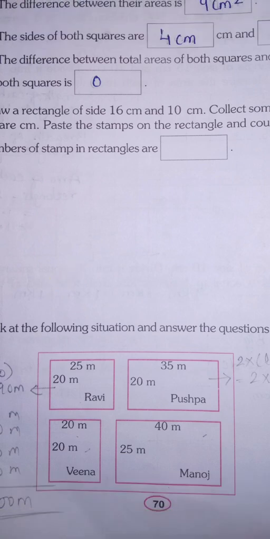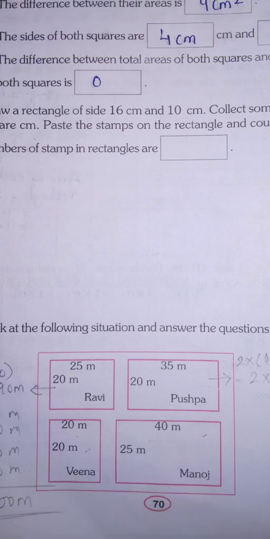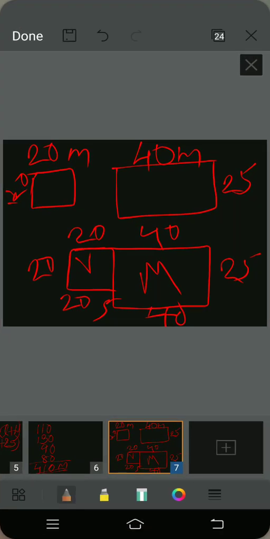First is Ravi's plot, so we will find the perimeter of Ravi's plot. This is a rectangle, so the perimeter of a rectangle is 2 into length plus width. We will use that formula for all four plots, and then find how much is required individually. I had already taught you how to find this.